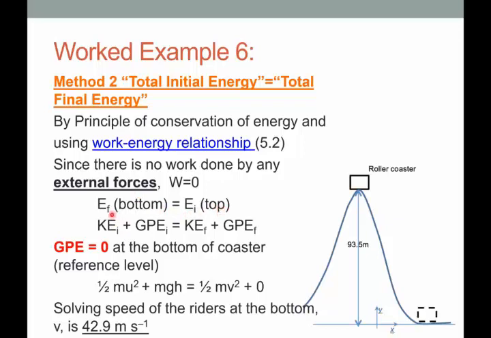The final energy at the bottom is made up of the kinetic energy at the final position as well as the GPE at the final position. And this is equal to the KE at the initial and GPE at the initial position. We mentioned earlier that we have to set a reference level. At the reference level at the base of the coaster, the gravitational potential energy is zero.